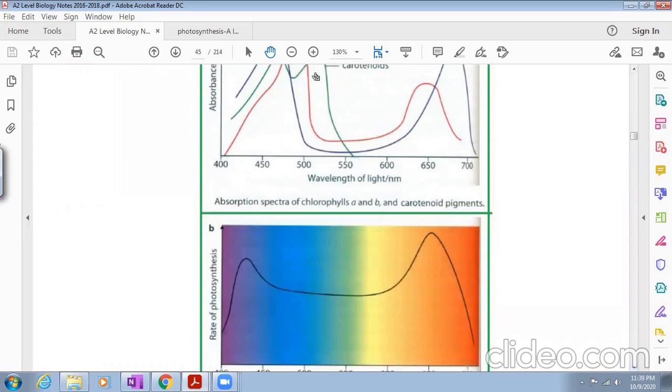Let's suppose you have an aquatic plant, right, in water, and you are exposing that aquatic plant to different wavelengths of light. For example, here I am exposing it to 660 nanometers, 550 nanometers of light, right? So with different wavelengths of light, you are checking at which wavelength the rate of photosynthesis will be high.